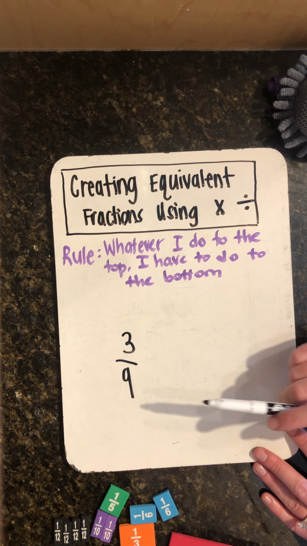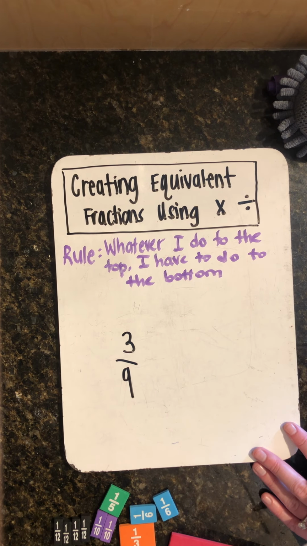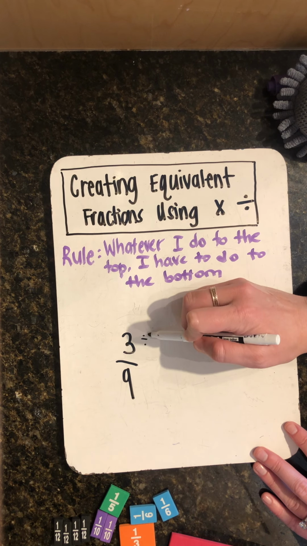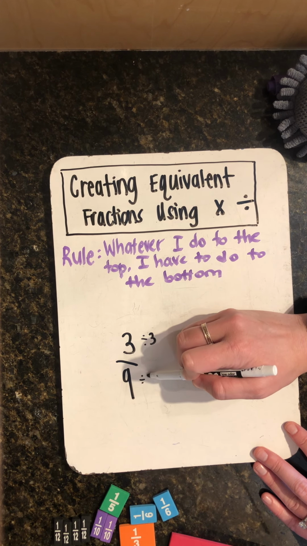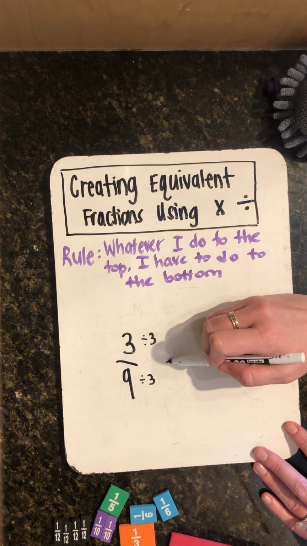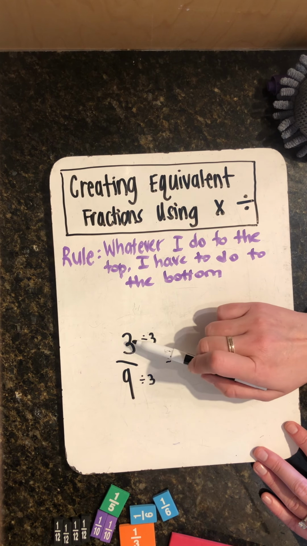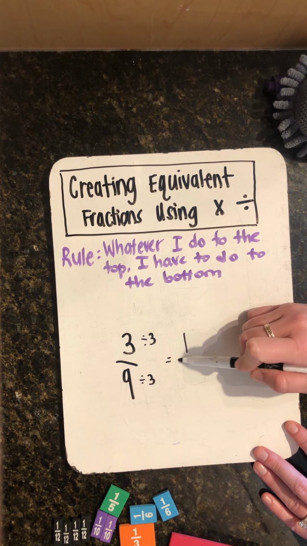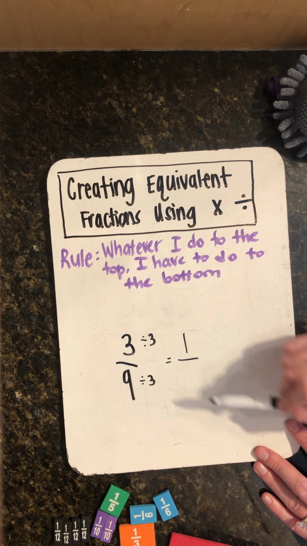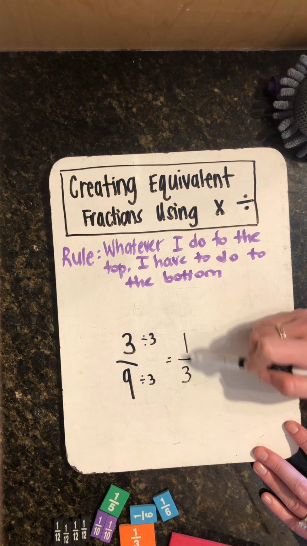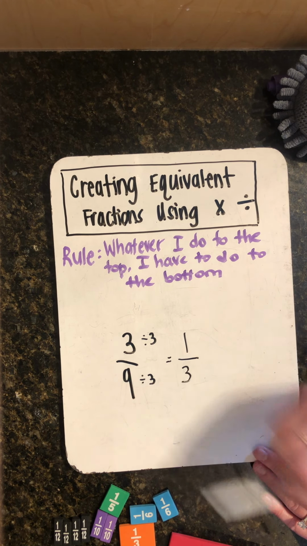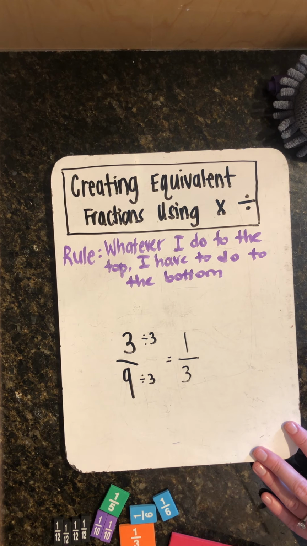But I do know that I could divide 9 by 3, and I also could divide 3 by 3. So I'm going to choose 3. I'm going to write that down. Okay, let's see. 3 divided by 3 is 1, and 9 divided by 3 is 3. So 1/3 is equivalent to 3/9.